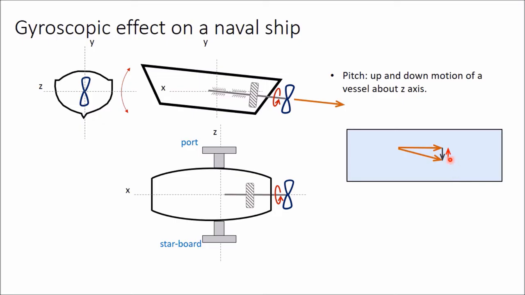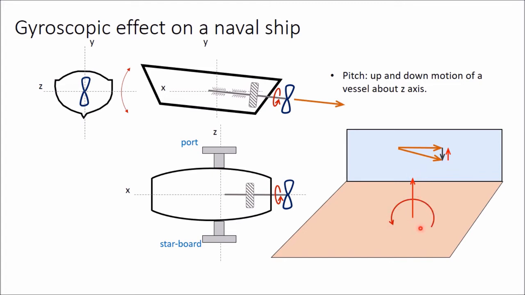If the reactive gyroscopic couple vector is acting in the vertical plane, that means the reactive gyroscopic couple must be applied in the horizontal plane. So if the vector is in the vertical plane, then the couple will be applied in the horizontal plane. Now the direction of the vector is pointing upward. According to the right hand screw rule, this direction will be obtained by an anti-clockwise couple.